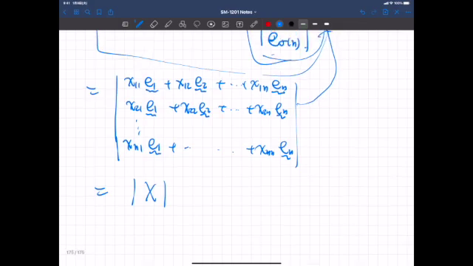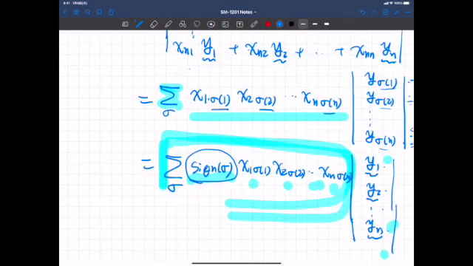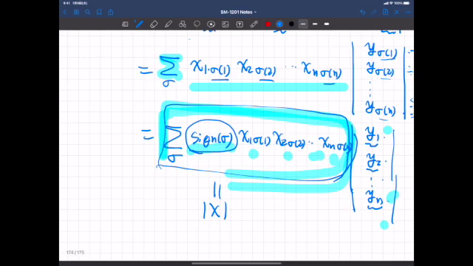Okay? So if we go back to here, we have shown that this part is equal to the determinant of x. However, this part is equal to the determinant of y.